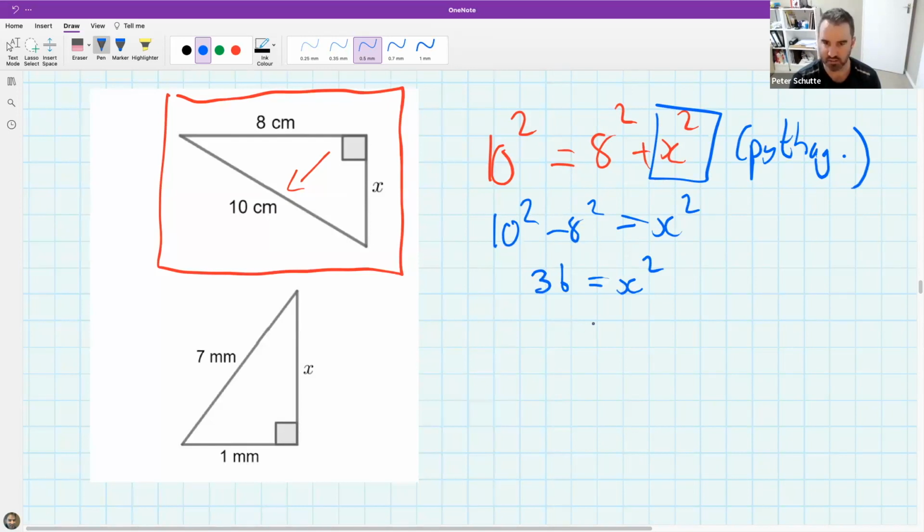So what's x going to be equal to? I think we need to square root both sides. If I've got an x squared and I want to undo it, I need to square root both sides. And then I should get x is 6. Yeah, looking good to me.